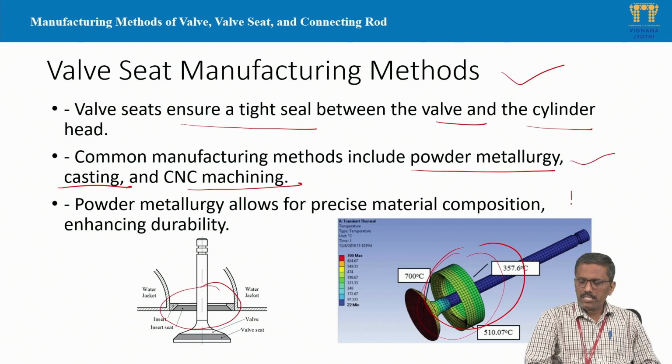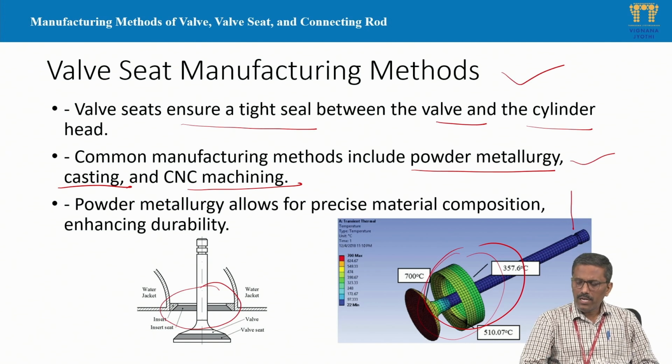In the powder metallurgy process, we take the powder and blend it by adding a binder. Then we go for the compacting and sintering processes to get the required shape and size.